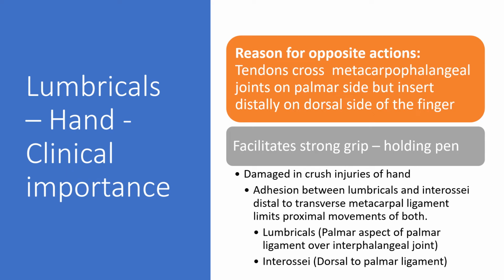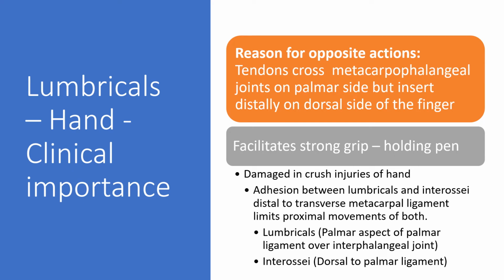Then what is the clinical importance of the lumbricals of the hand? These lumbricals can get damaged in crush injuries of the hand, because of the adhesion between the lumbricals and interossei, that is, they are getting adhered to one another distal to the transverse metacarpal ligament that connects the digits, which will limit the proximal movements of both lumbricals and interossei.